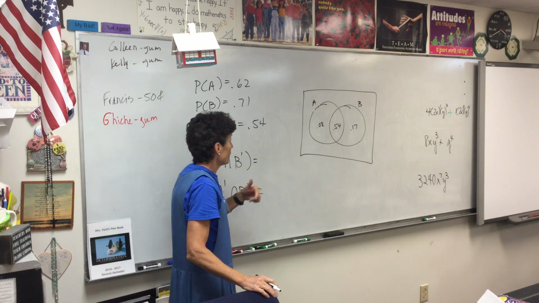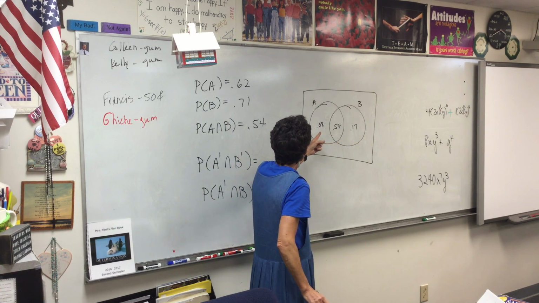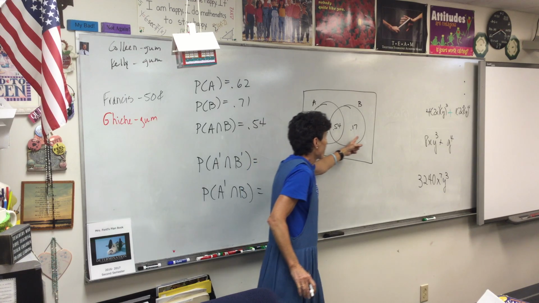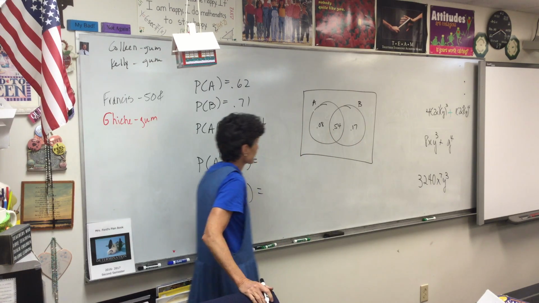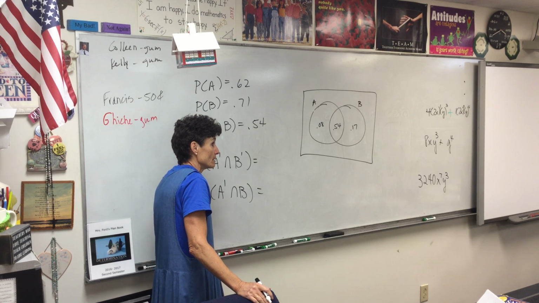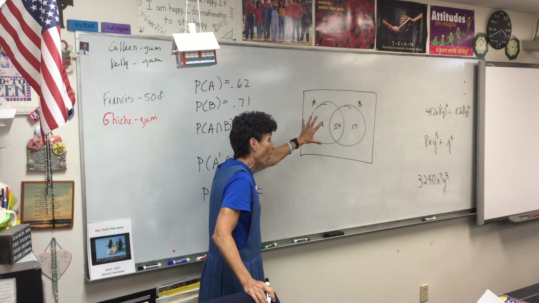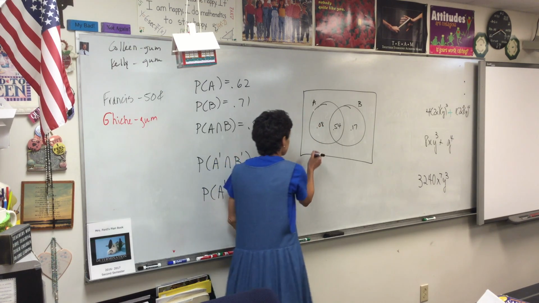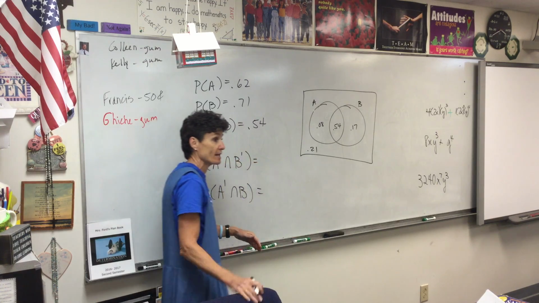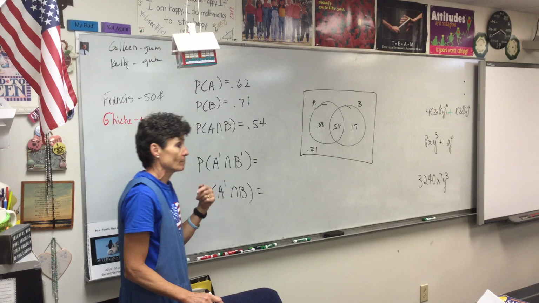Now, what have I got here all added up? Add all this up, what have I got? 0.79. So there's a 79% chance you're in a ball, which means there is a 21% chance that you're not A or B. You don't drive a Ford or a Chevy.